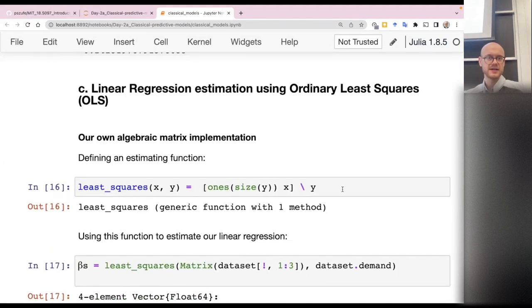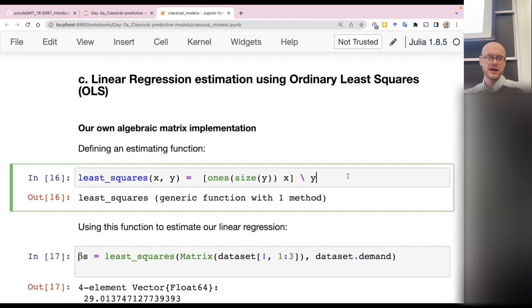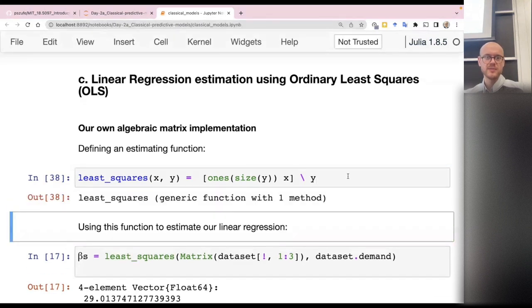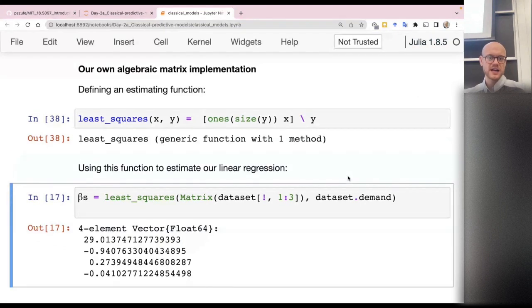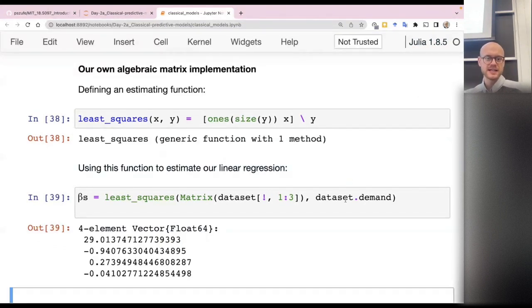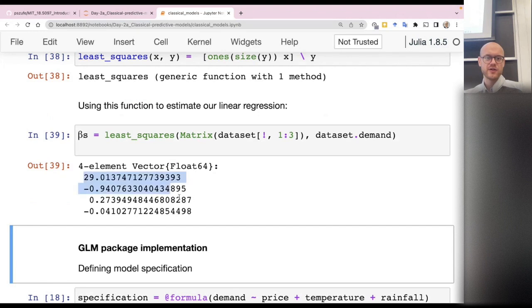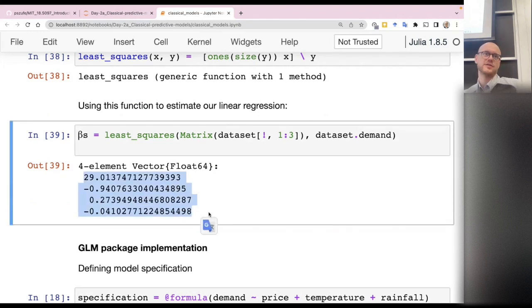The first cell is using algebra manipulations according to the formula provided on the slide by Bartek. In Julia, it's quite nicely and easily written. So I'm defining here this least squares function and then applying it to our data set, and the results are the 4 estimates for 4 coefficients, beta 0, 1, 2, and 3.